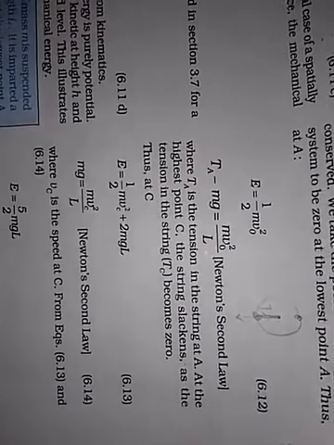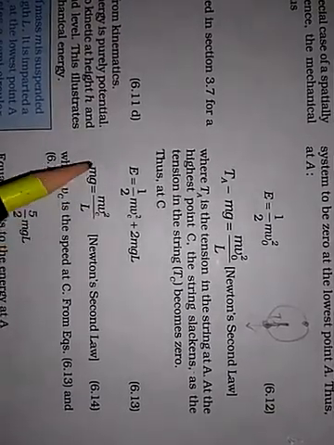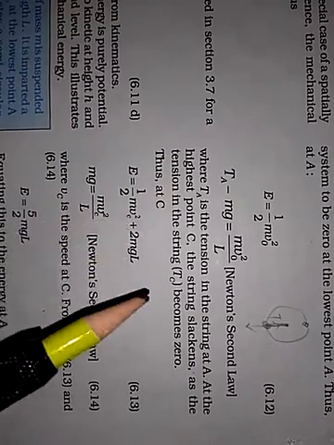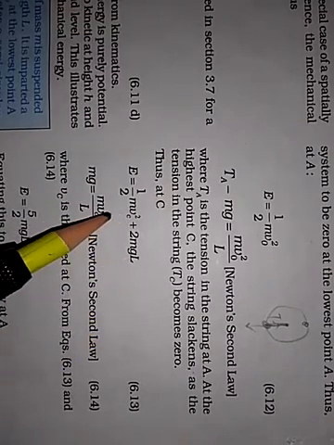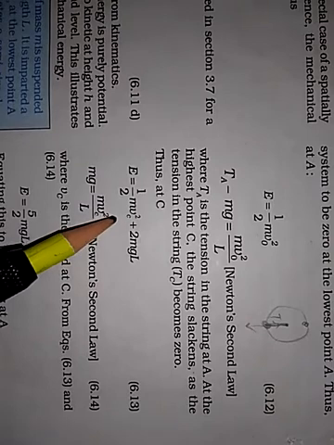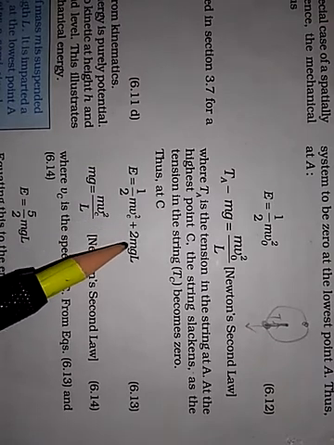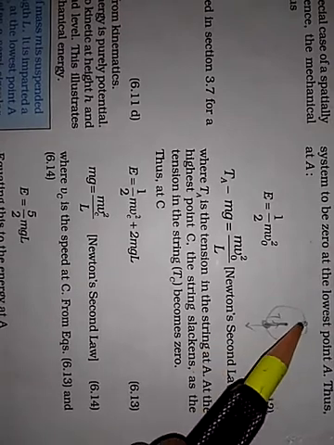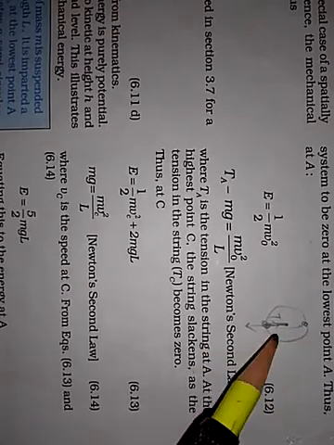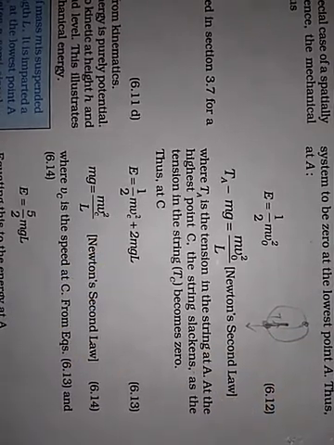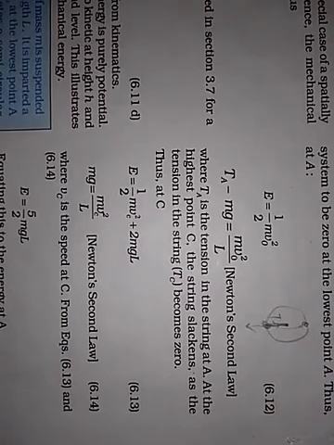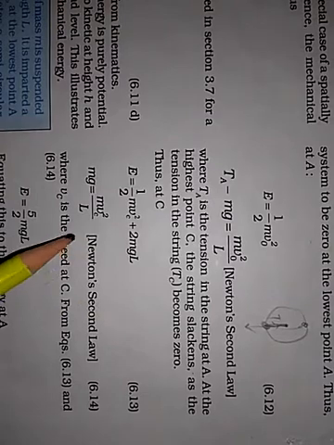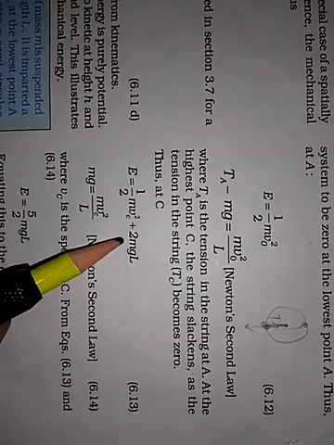Therefore we can say energy at C is equal to half mvc square, where vc relates to the point C, plus mg times the height, and the height is 2L because it is the full diameter. If you consider from this point to this point, it will be 2L, therefore we have 2mgL.